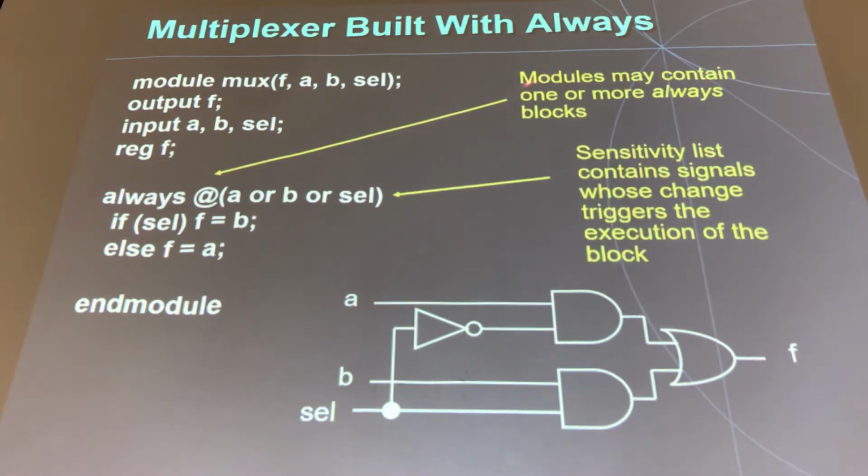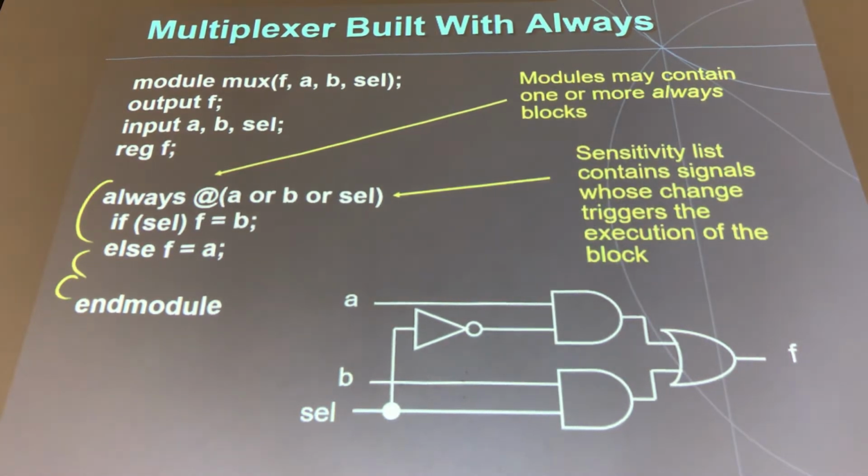And here it says that a module may contain one or more always blocks. It's only one always block here, but actually you can have more than one. And their names can be shared to indicate the wire connection. We call this the sensitivity list. It contains signals whose change triggers the execution of the block.